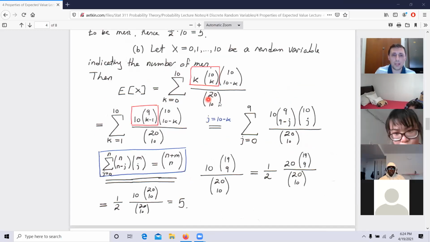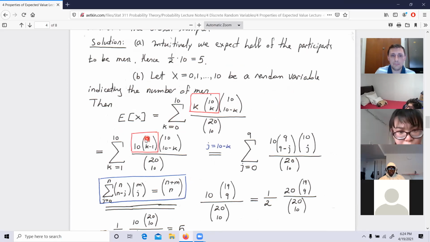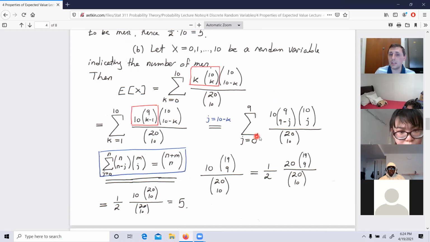Now all you have to do, guys, is just recall this identity, understand just that I relabeled, and then understand how I took this summation. Here I try to remind you of the formula and reduce the summation from 0 to 9 of 9 choose 9 minus j, 10 choose j, how I translated it to 19 choose 9.